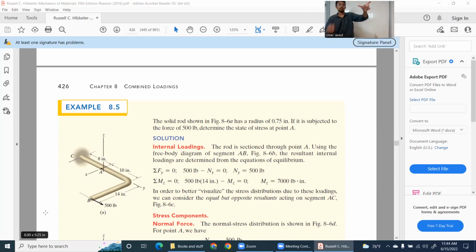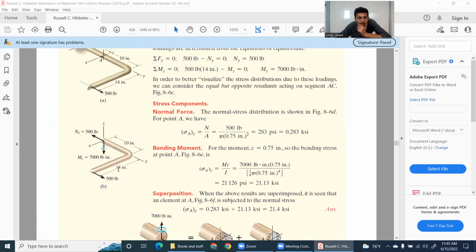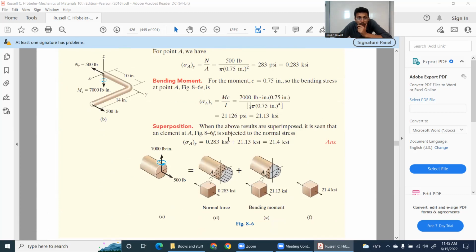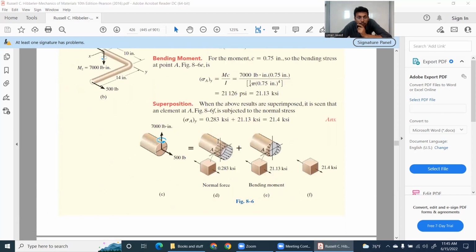Actually not, because this load is being applied like this, and at point A, the force on that bar will be longitudinal. So that's why you won't have any shear. No transverse shear, no longitudinal shear. Although you have bending because of this force, because this bar will bend. That's why, if you look here, I doubt that the author has found any shear stress.